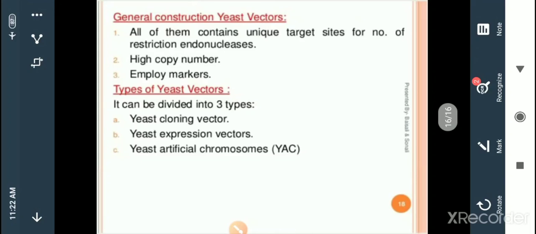If we want to make more copies, then it acts as a cloning vector. After cloning, if we get the desired characters and want to show how the expression is working, then that is called the expression vector. So vectors act as two types: one is the cloning vector, another is the expression vector.